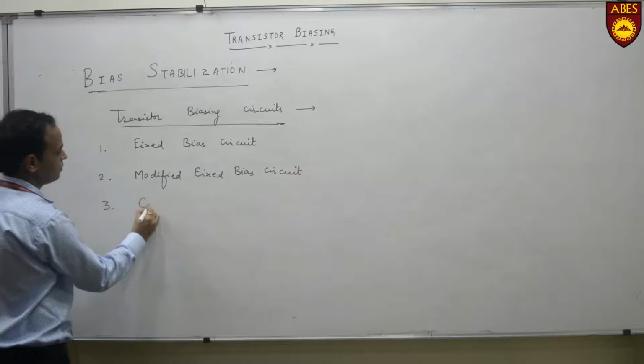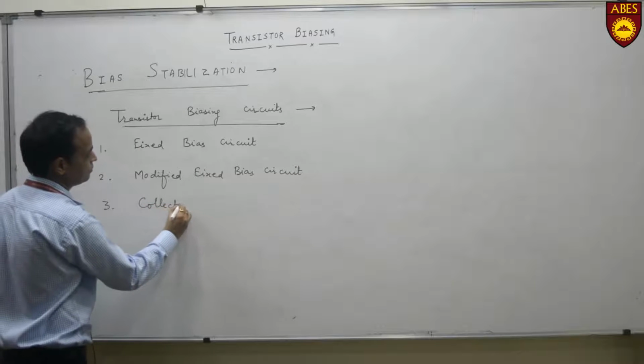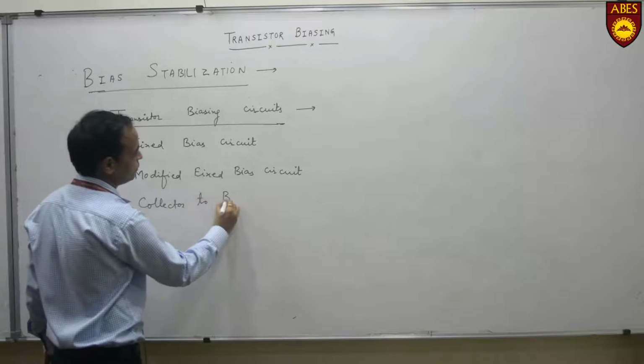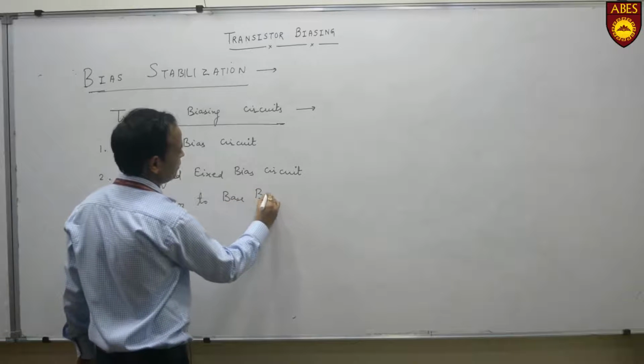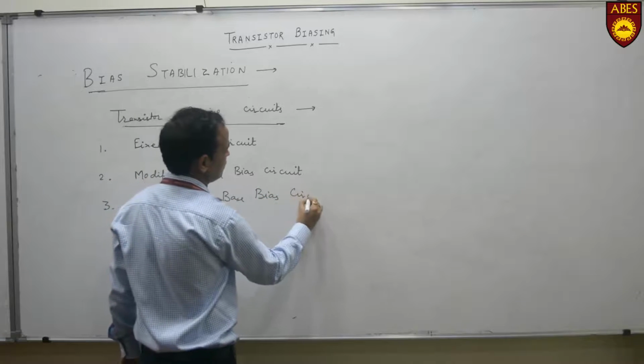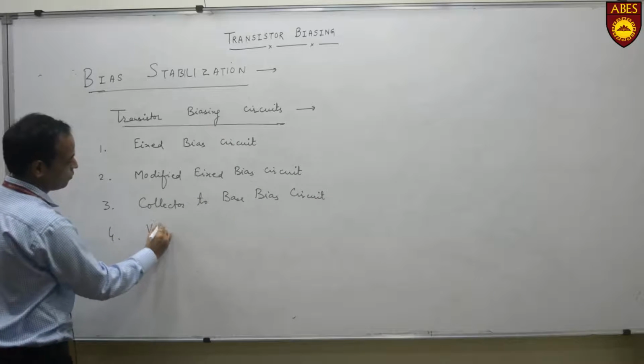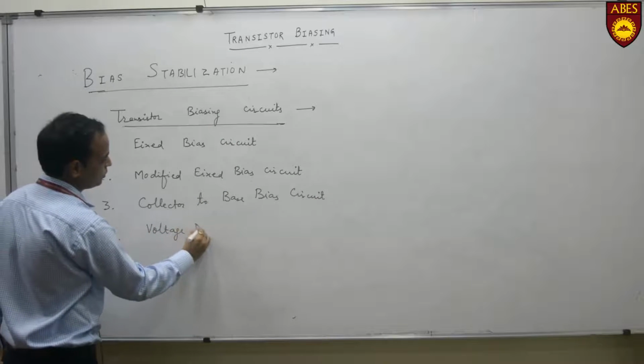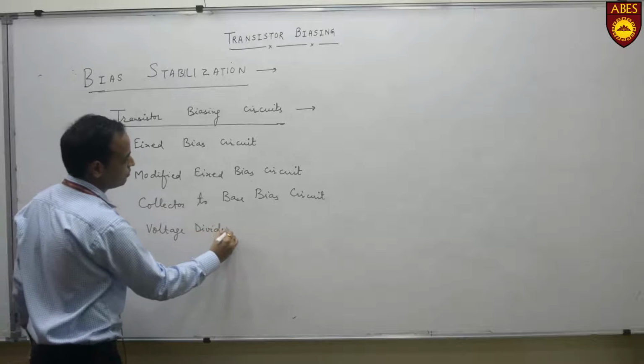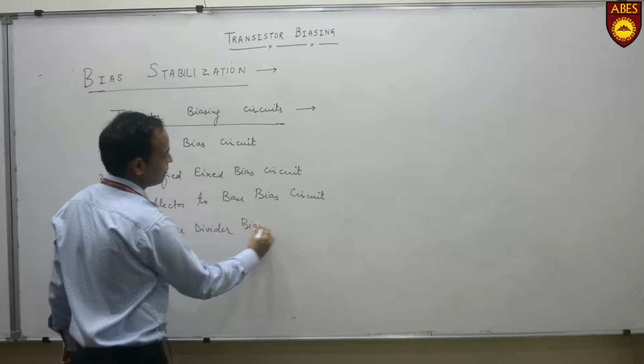Third is the collector to base bias circuit, and fourth one is the voltage divider bias circuit.